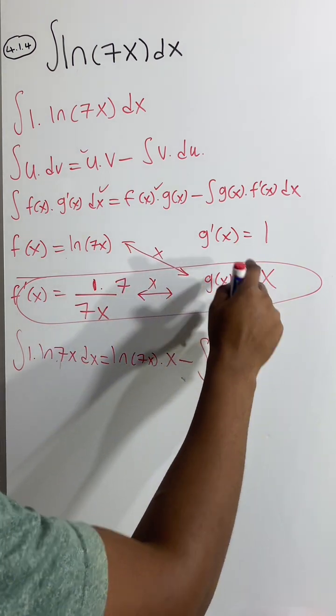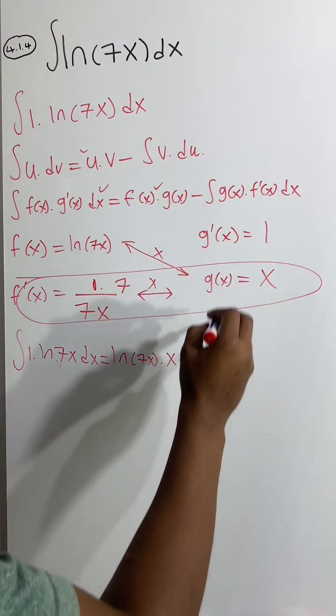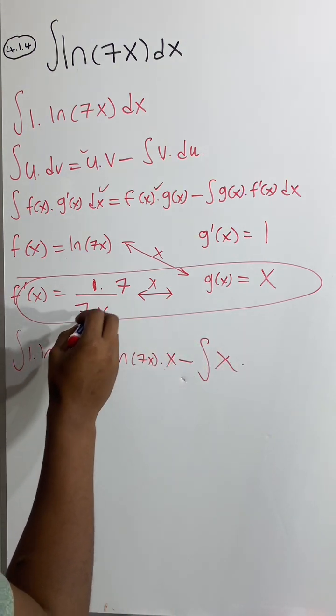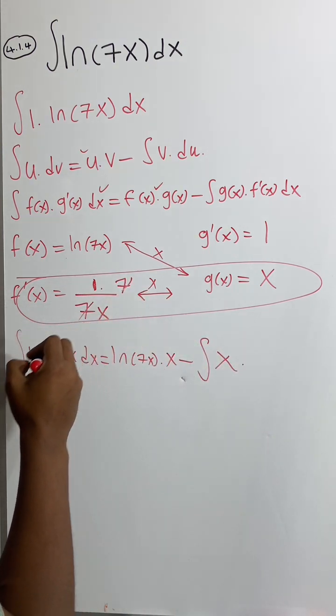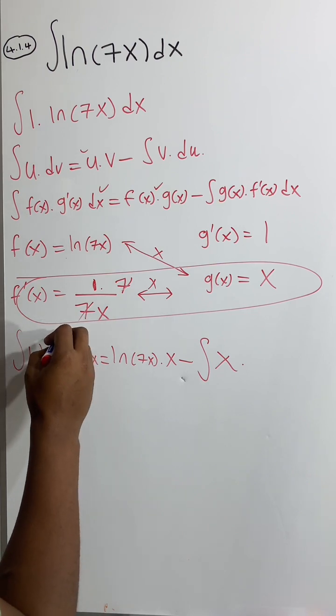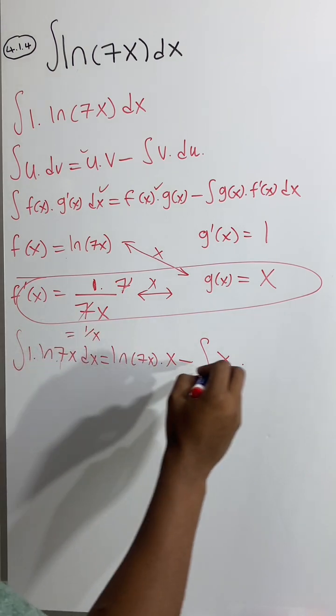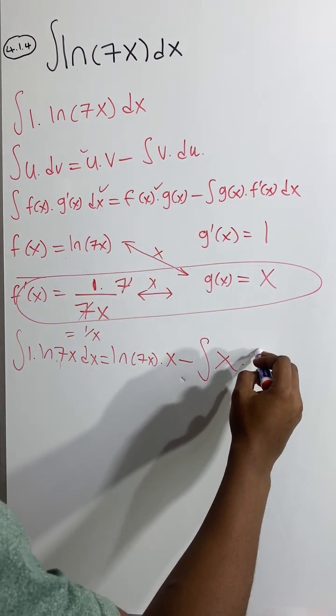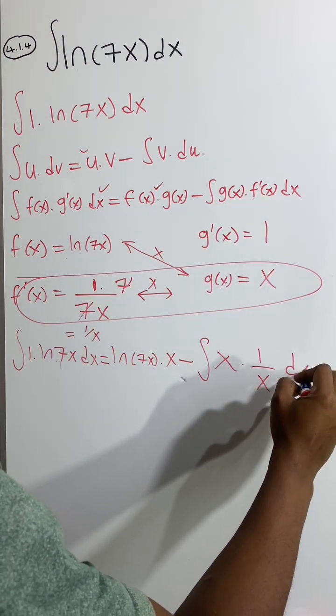So our g of x is x and our f prime of x is equal to 7 over 7x, so that 7 will cancel out with that 7 and we'll be left with 1 over x dx.